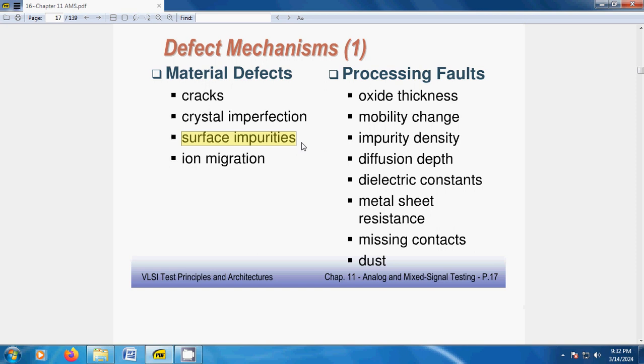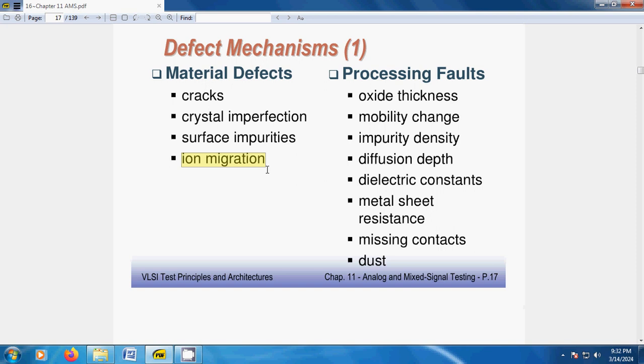Next is ion migration. For example, when you are fabricating an IC, initially you would have gone for an n plus layer, but after manufacturing, it goes to a consumer who starts to use the device for more than 10 years.